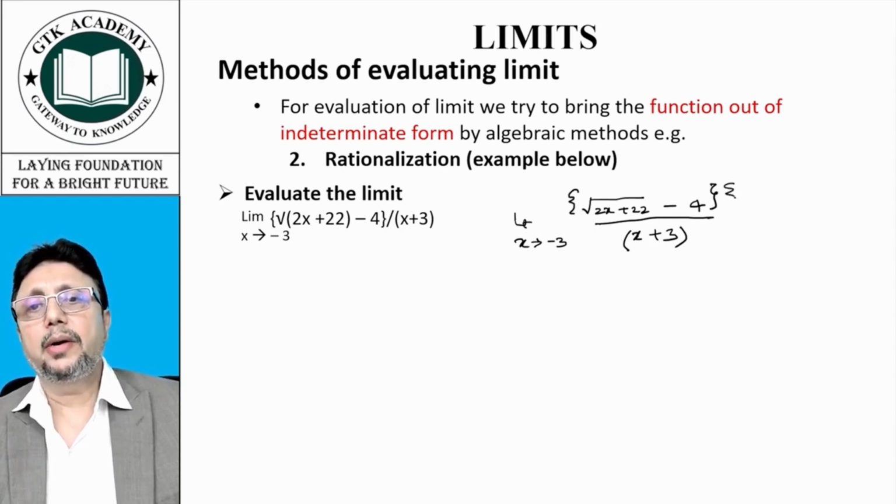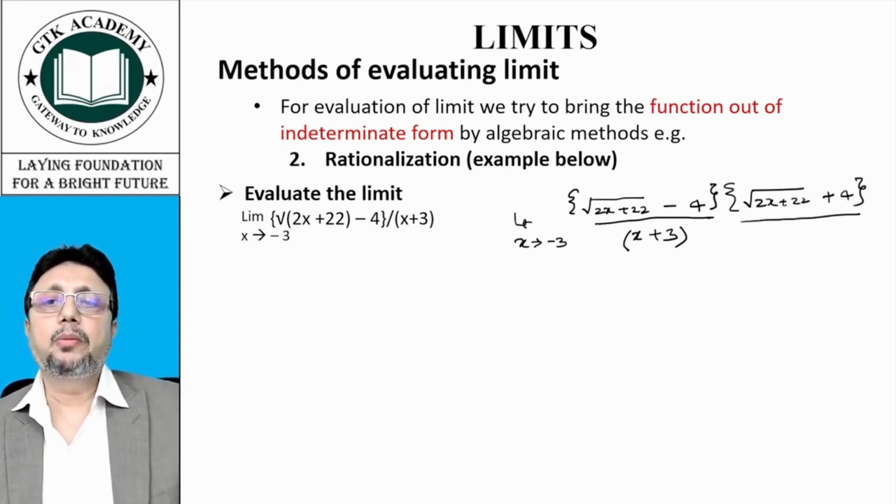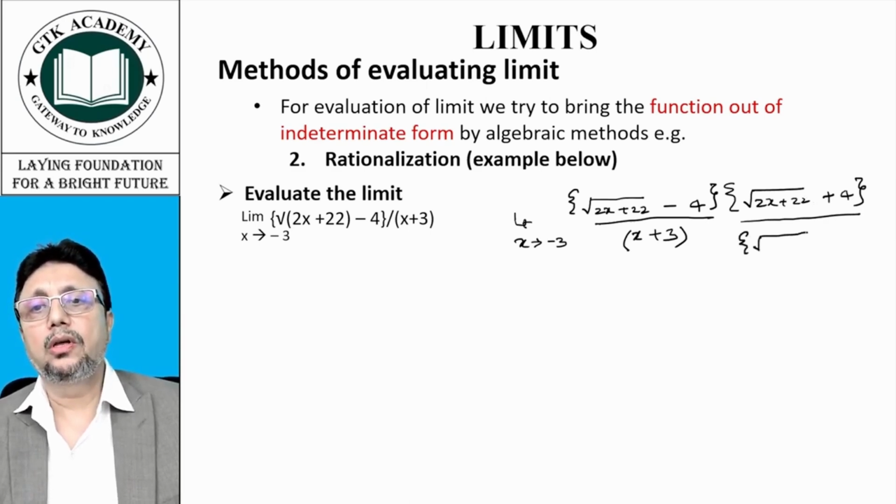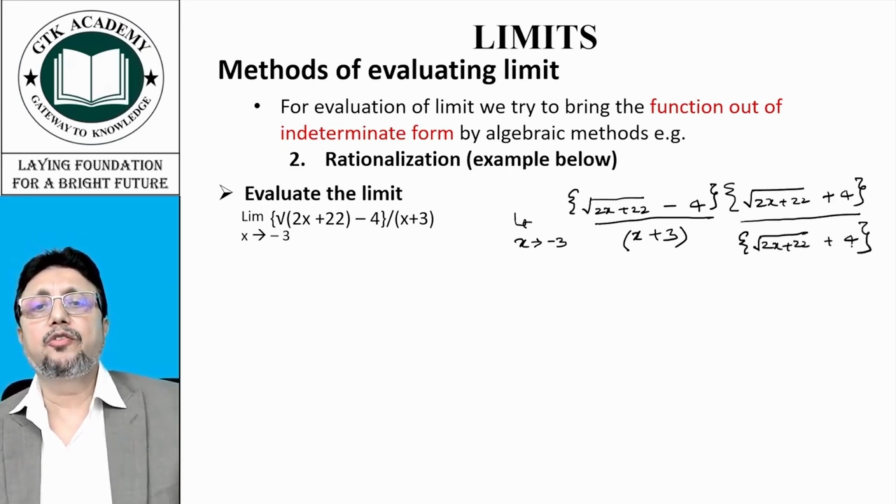We will multiply by the conjugate, under root 2x plus 22 plus 4. This is the conjugate. Now you have no right to multiply like that. So if you have multiplied in the numerator, in the same way you do in the denominator, so that they both cancel out: under root 2x plus 22 plus 4. Now it doesn't make any difference.